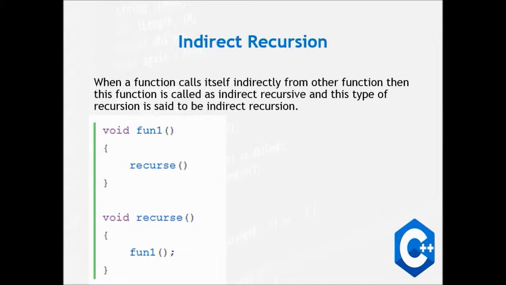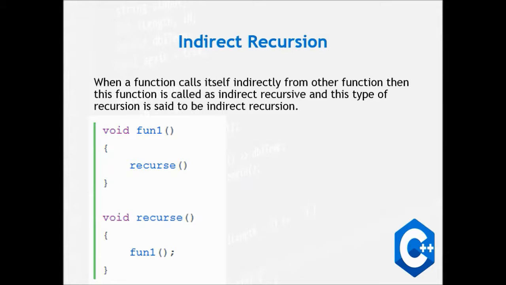Indirect recursion: when a function calls itself indirectly through another function, then this function is called indirect recursive, and this type of recursion is said to be indirect recursion.